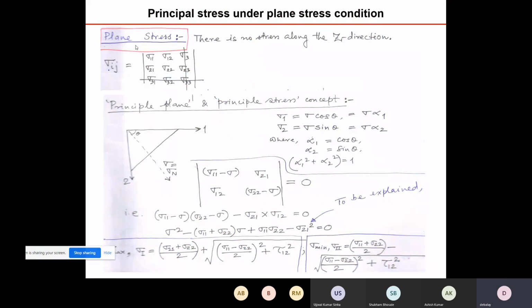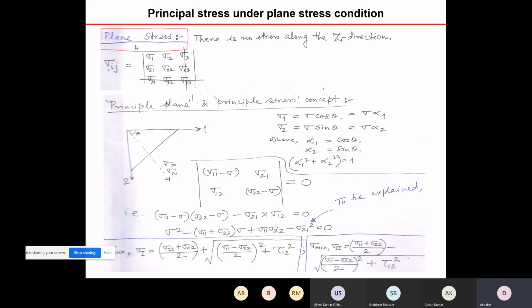There is some kind of loading which is called plane stress loading. Plane stress means, suppose a thin sheet is loaded along the plane of the sheet. You are applying stretching in two major directions. So that is called plane stress, or even shear, but on that plane.